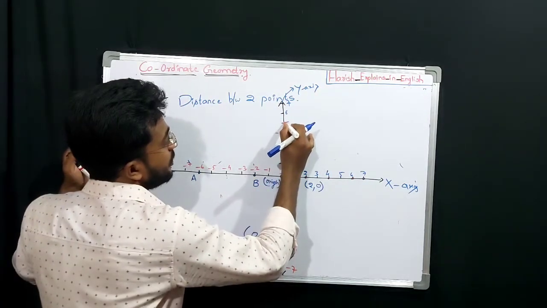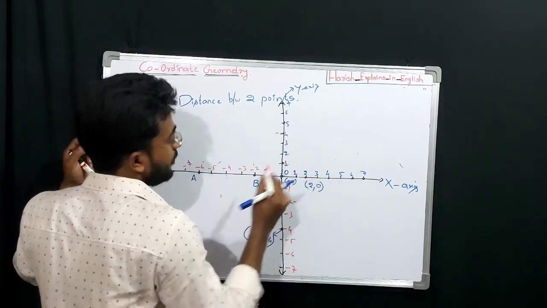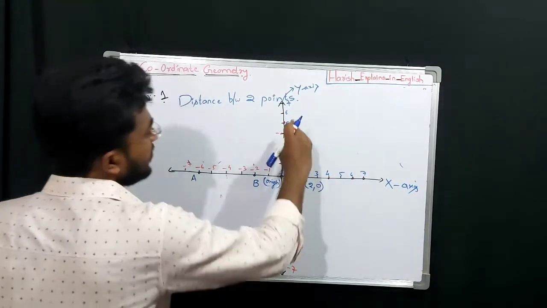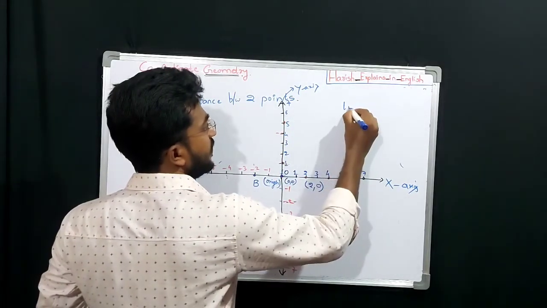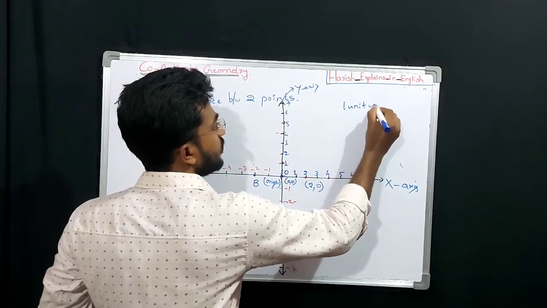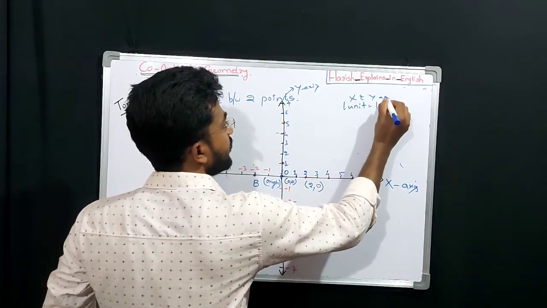Let me consider 5 and 1. What is the distance here? For example, consider 1 unit. 1 unit equals 1 centimeter for both the x and y axis.